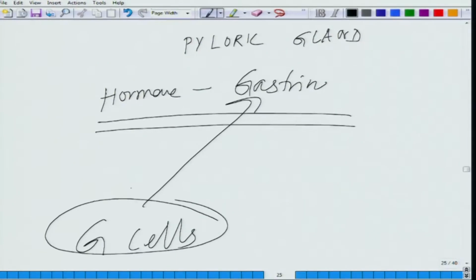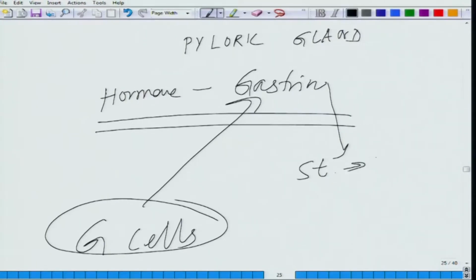G cells are most abundant in the gastric pit of the pyloric antrum. So, the function of gastrin is that it stimulates a couple of things. It stimulates the secretion of the parietal and the chief cells.